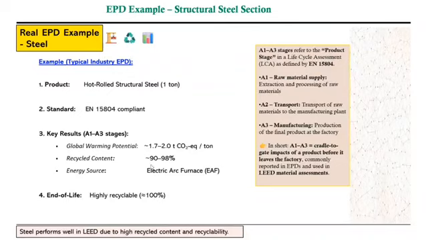And recycled content is 90 to 98%. The energy source used for manufacturing this steel is the electric arc furnace, EAF, and end of life is highly recyclable, which is 100%. Steel performs well in LEED due to high recycled content and recyclability.